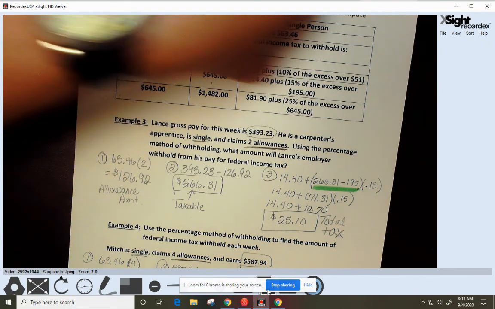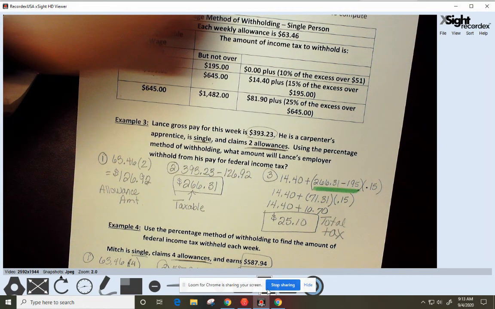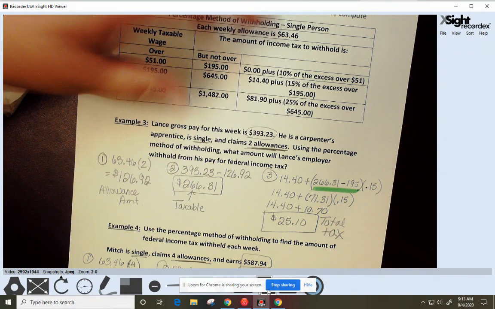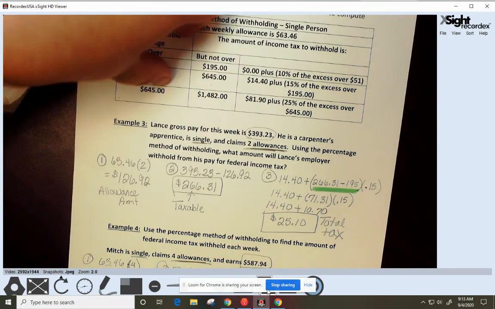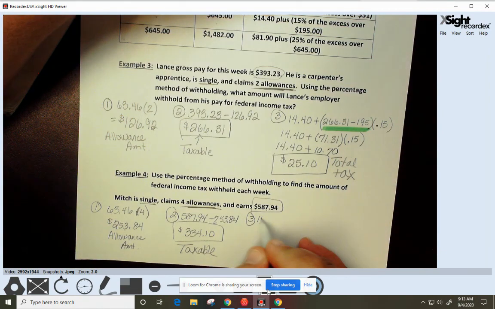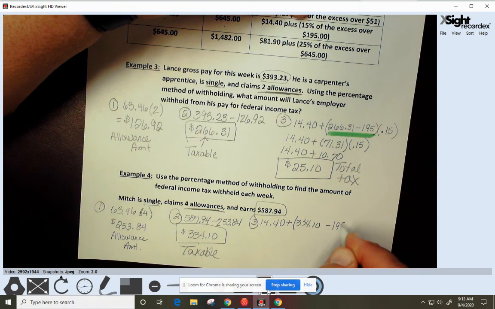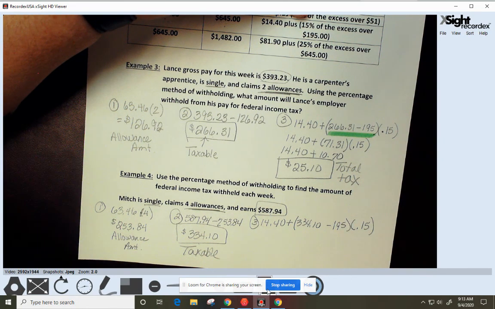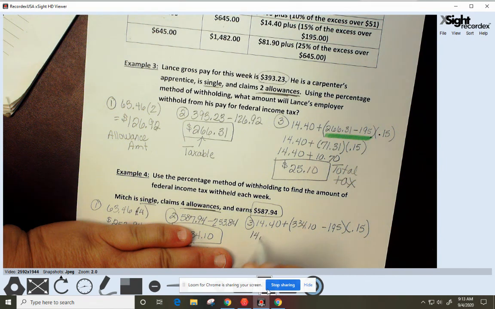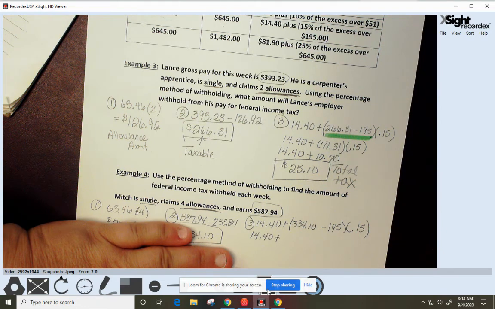So once again, I'm in the same row. This is where most people fall, most of the time. Sometimes I might fluctuate a little bit, but a lot of people fall right here. So we're going to have our $14.40 plus taxable $334.10, minus this lower number in this row, which is $195, times the extra 15% I still have to pay on that. So $334.10 minus $195.